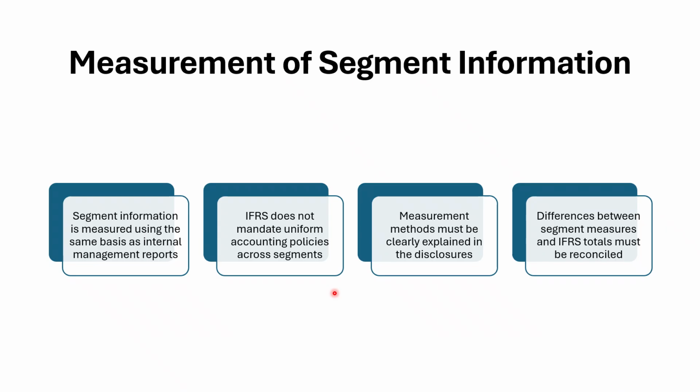The idea is to show users what management actually sees, even if it differs from the financial statements. For example, management may measure segment profit before depreciation, even though depreciation is included in the financial statements. So the measurement methods must be clearly explained in the disclosures, and differences between segment measures and IFRS totals must be reconciled at the end.